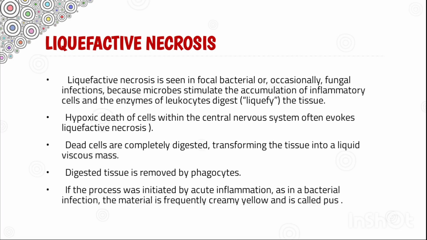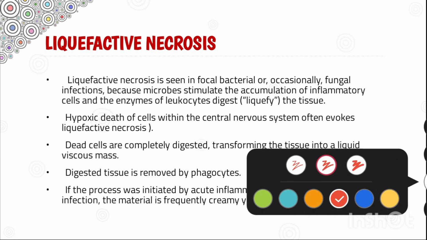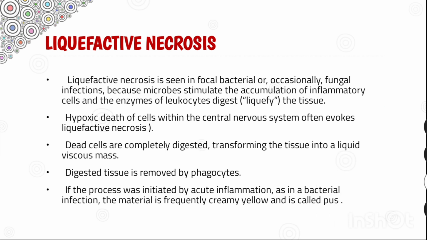Next is liquefactive necrosis. This is commonly seen in bacterial or fungal infections. Why? Because there will be microbes. What these microbes do is stimulate the accumulation of inflammatory cells. Inflammatory cells, I told you in the beginning, will result in release of leukocytes, and leukocytes release the enzymes to digest the tissue or liquefy the tissue.